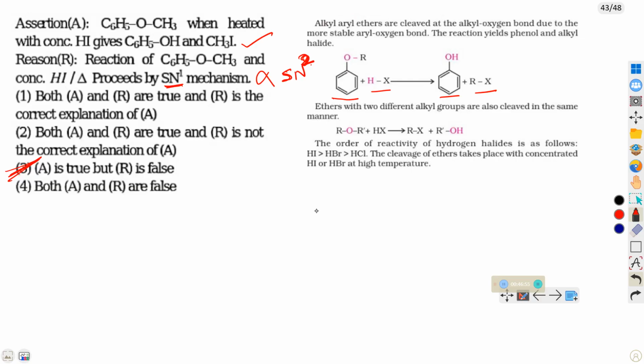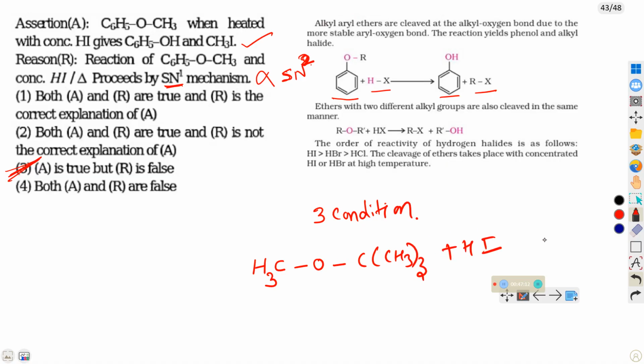Once read the three conditions. For example, when SN1 is possible, (CH3)3C-O-CH3 reacts with HI, then if a 3-degree carbon atom is present, it follows the SN1 mechanism. In all remaining cases it follows the SN2 mechanism only.